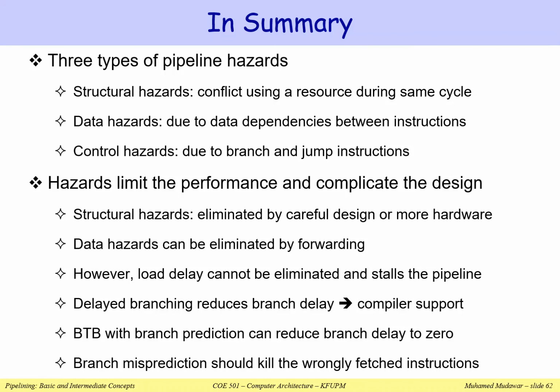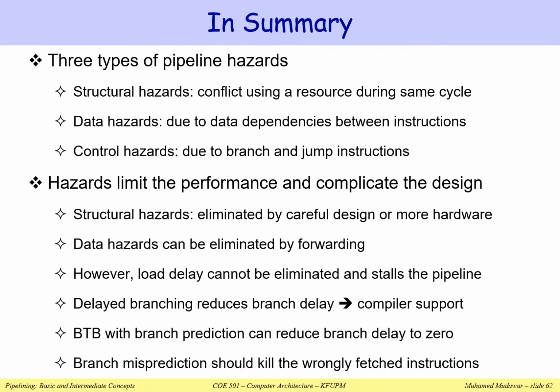So this is going to complicate the implementation of the pipeline. Sometimes forwarding does not really work. In the case of a load instruction, the load takes place in the data cache, and sometimes we are forced to stall the pipeline. So sometimes we have to stall the pipeline, waste clock cycles, and therefore this is going to increase the CPI.